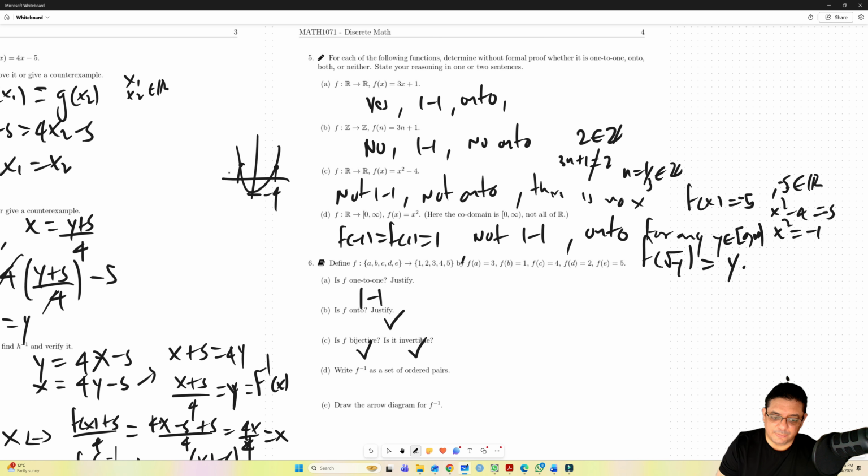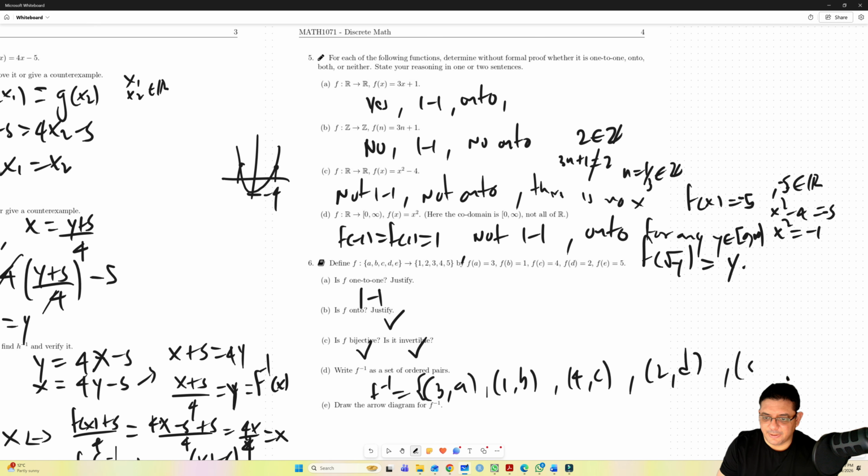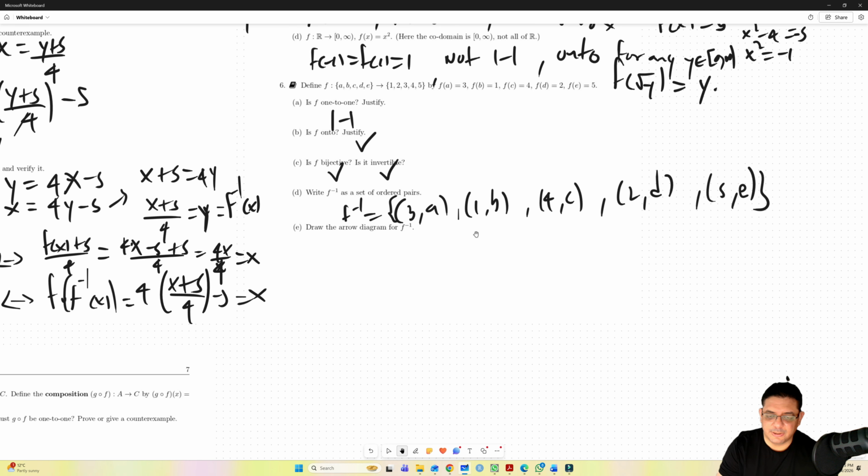So the f inverse will be what? Well, we'll be going the opposite way. We will have 3 to a, 1 to b, 4 to c, 2 to d, and 5 to e. That'll be the inverse function. And in terms of our diagram, you can build this out.